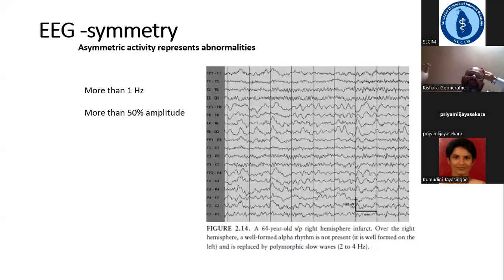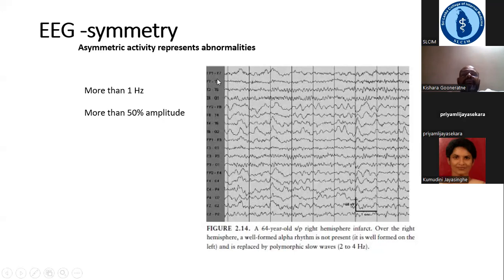That is the second step in interpreting the EEG, and that is between the right hemisphere and the left hemisphere. This is an example of an asymmetric EEG, and you can see the context of the case at the bottom. You can see the montage on the left.